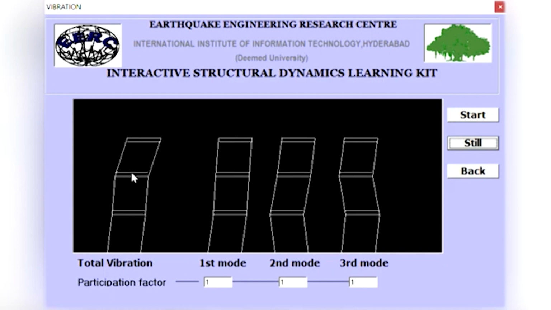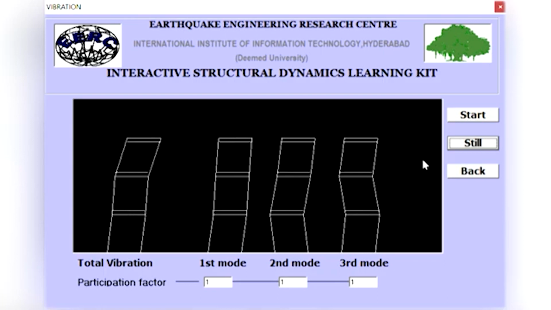Similarly for the second floor, this response plus this response plus this response gives the response at that time instant. Similarly at the first floor level: first mode, second mode, third mode. We add all these three to get the floor response at that time instant.